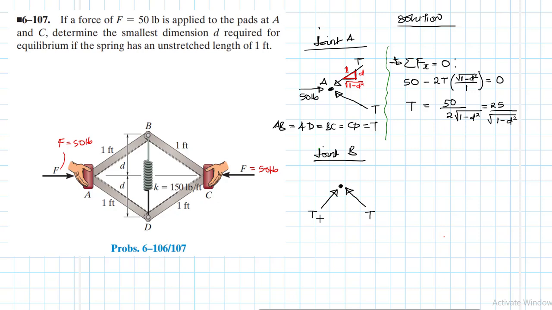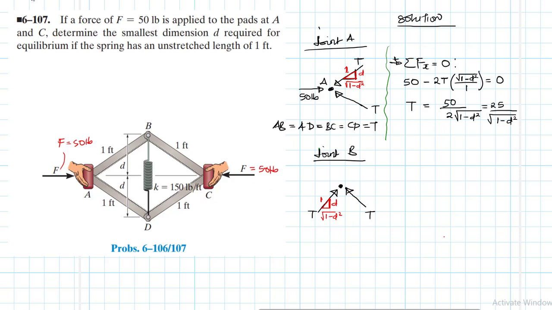Okay, the slope is the same. Right? So we have D, we have 1, and then we have root of 1 minus D squared.